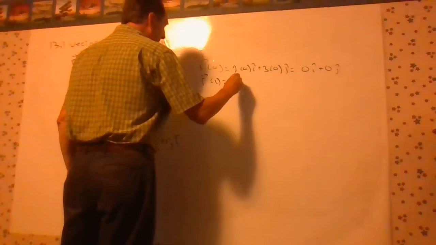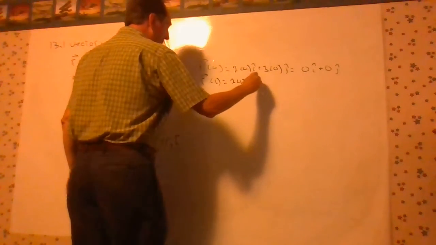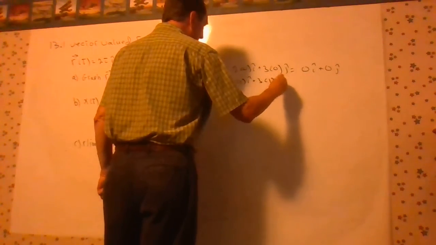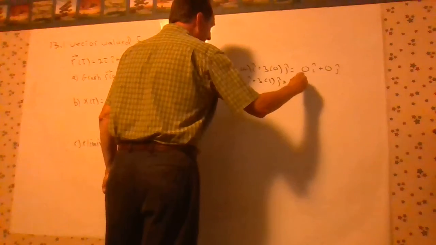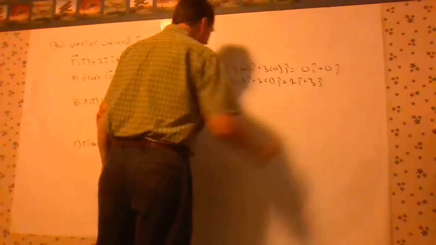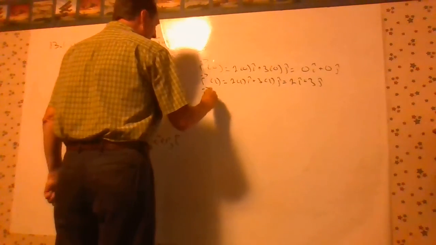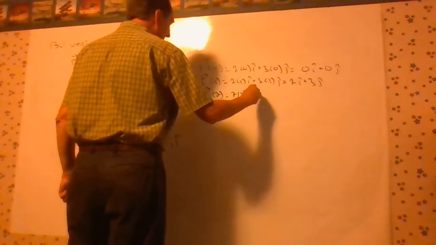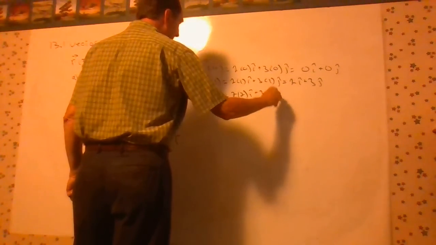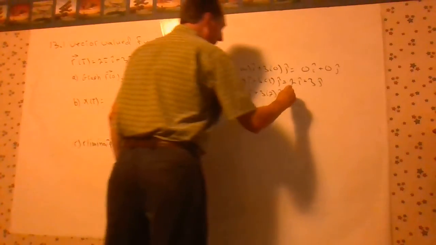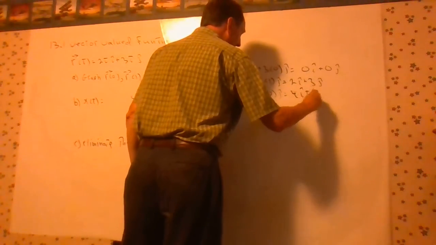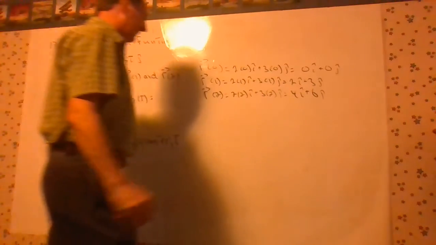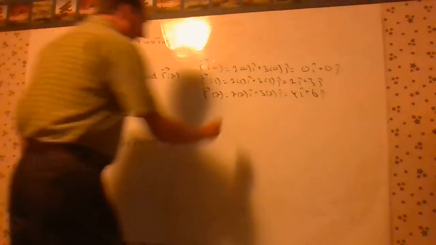R of 1 is 2 times 1i plus 3 times 1j, which is 2i plus 3j. And r of 2 is equal to 2 times 2i plus 3 times 2j, and that's equal to 4i plus 6j.